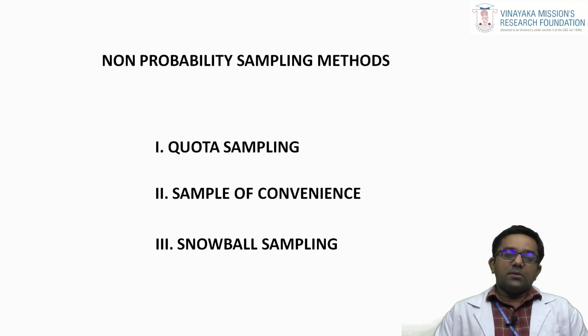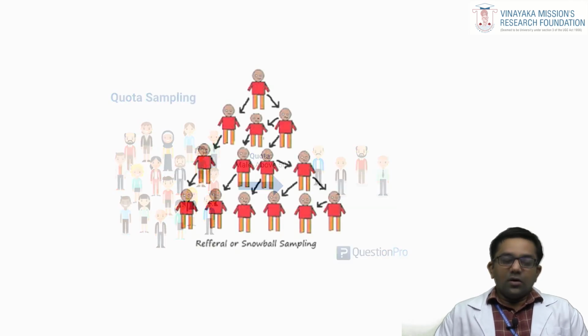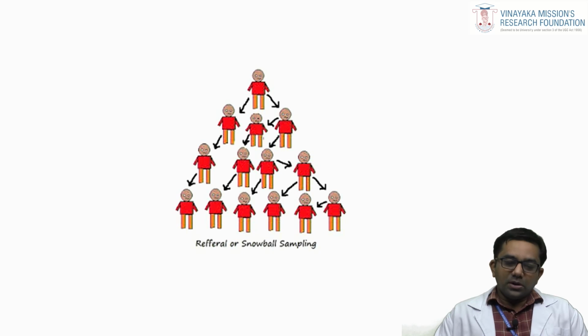Next is snowball sampling. Snowball sampling is now often referred to as referral or snowball sampling. The number of participants in snowball sampling will keep increasing. It often starts with the first person, and the numbers will keep increasing till you achieve the particular sample size.